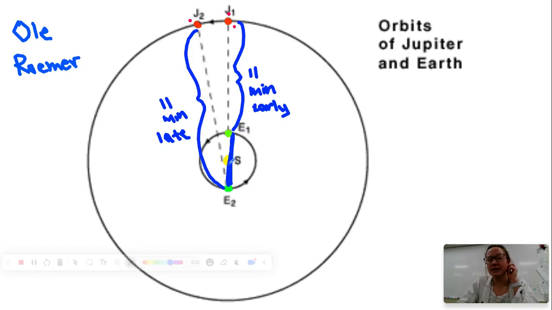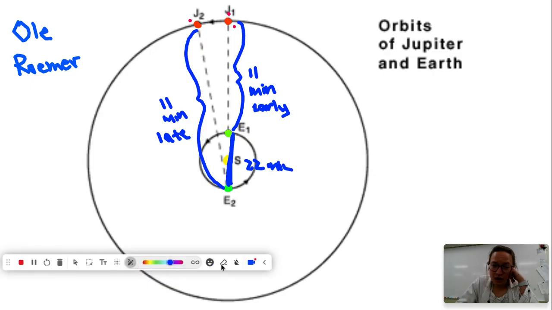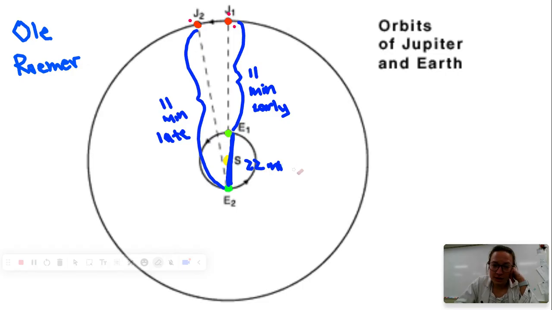If it was perfectly in the middle, it would land right on time. So he said it must be that it would take a total of 22 minutes for light to cross from one side of Earth's orbit to the other.